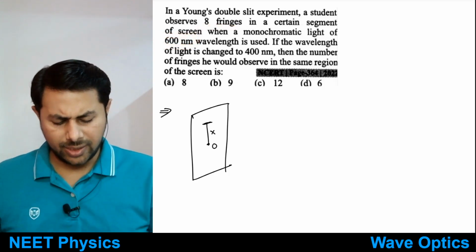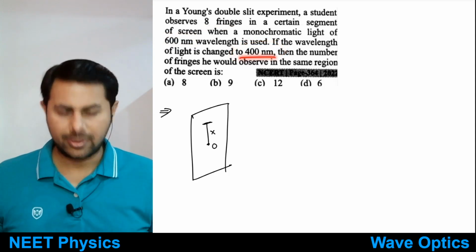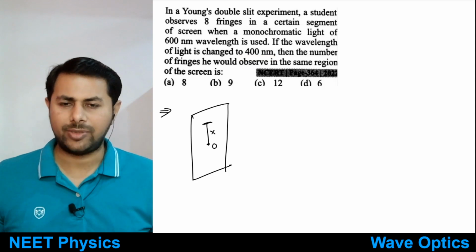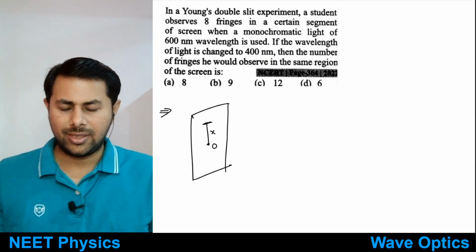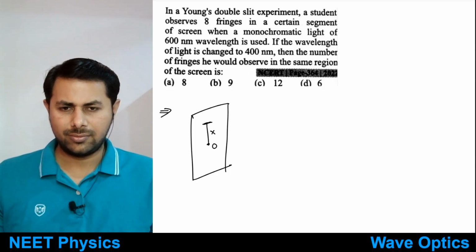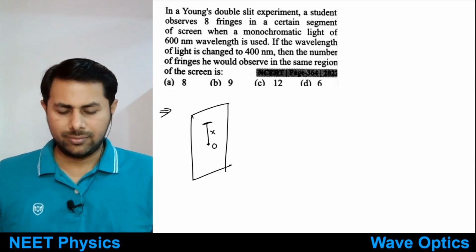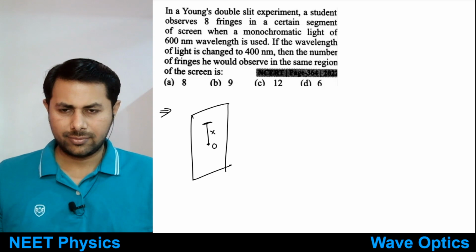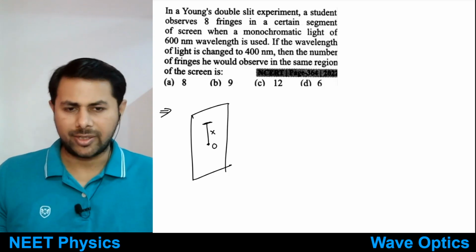Then how many fringes will be formed for the second light having wavelength equal to 400 nanometers? Tell me. Option C, it might be correct.